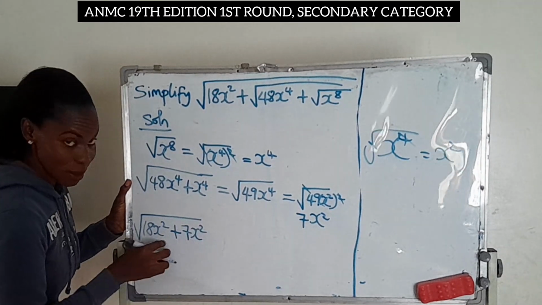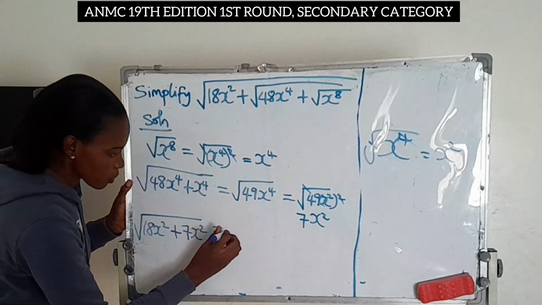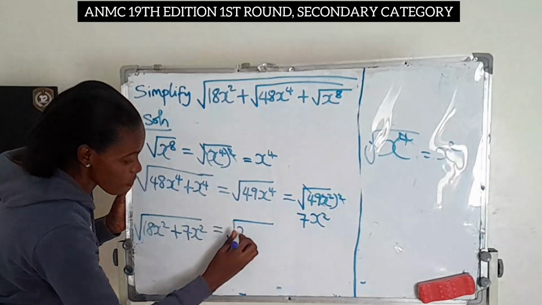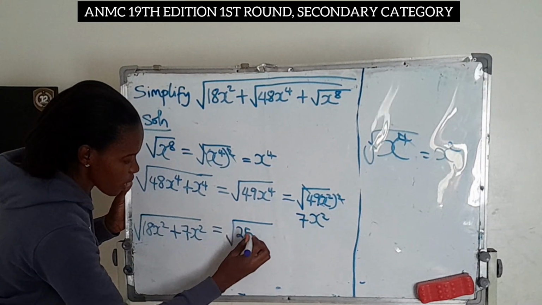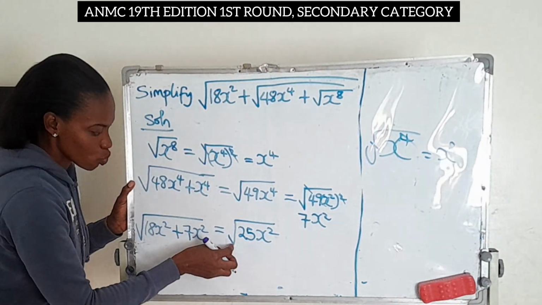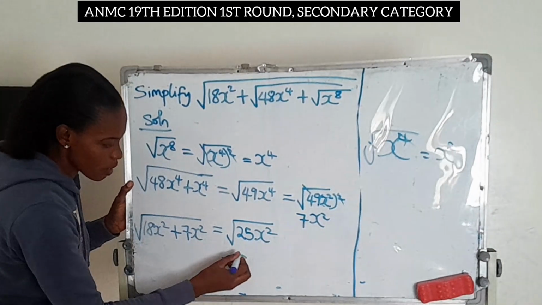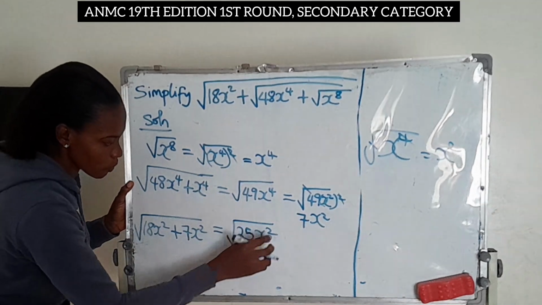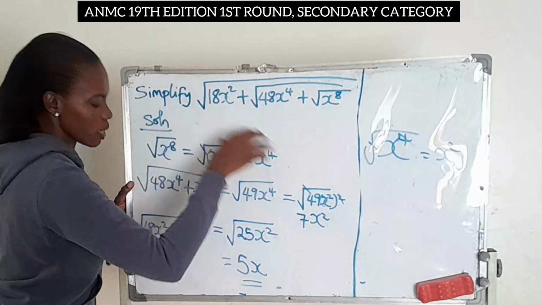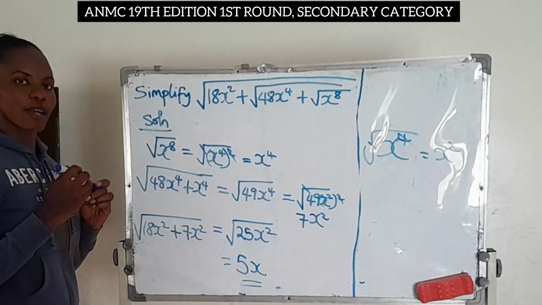So they are the same term, so you add them. So I'm going to have 18 plus 7 is 25, 25x squared. So this one is simple to do. Square root of 25 is 5. And this knocks off this, I have only x. So everything here has been reduced to 5x.